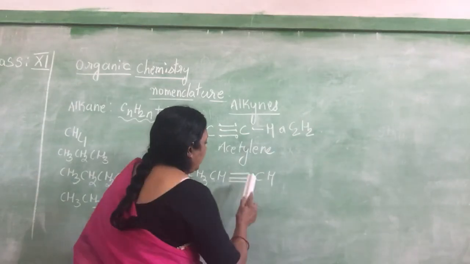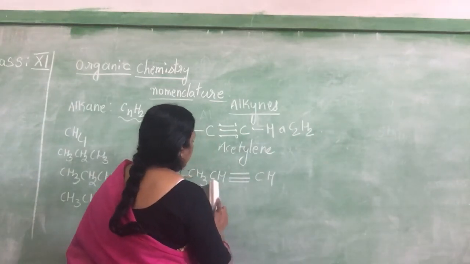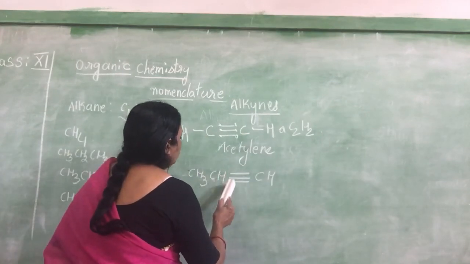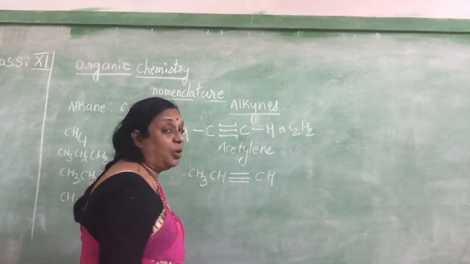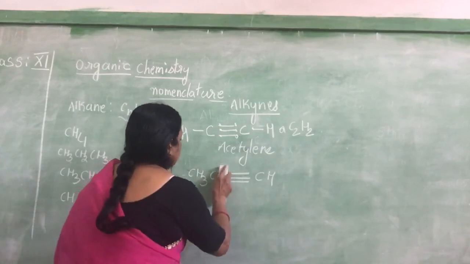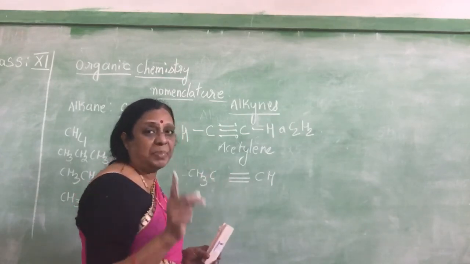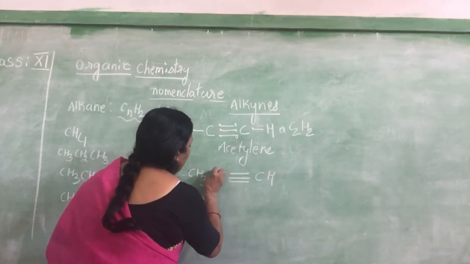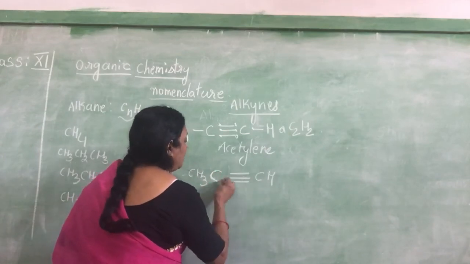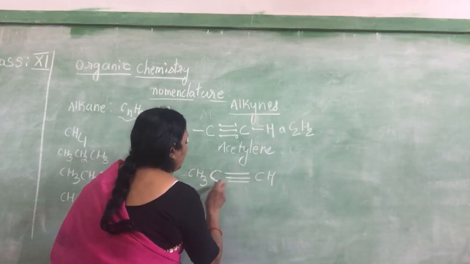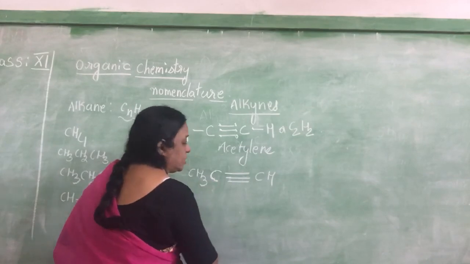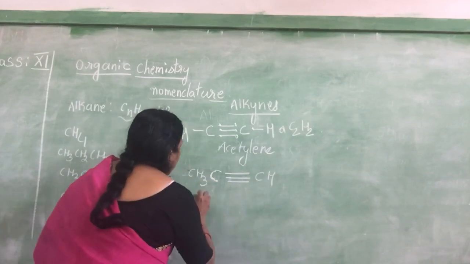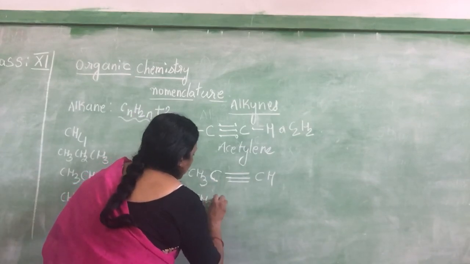It is satisfied. Now look at this carbon atom, the second carbon atom: 1, 2, 3, 4, 5. So what is to be removed? H. Please remember, the middle carbon atom or the carbon atom inside having the triple bond has no hydrogen atoms. This is propyne. Now next, butyne.